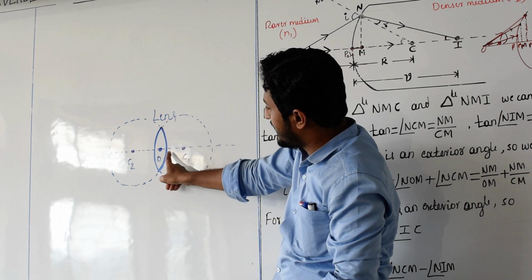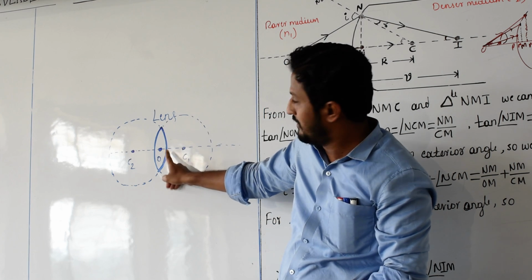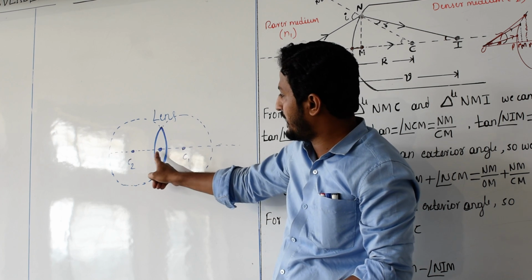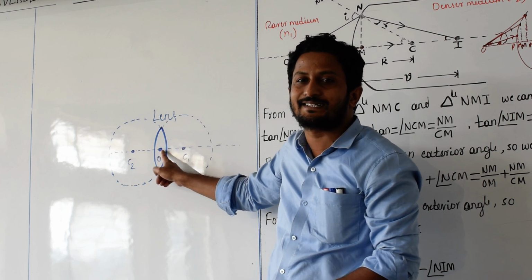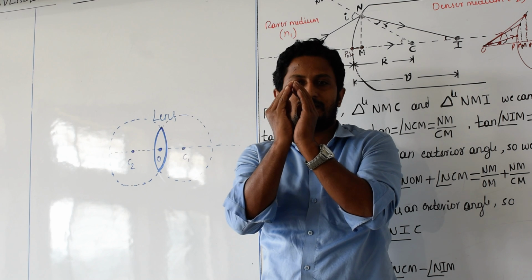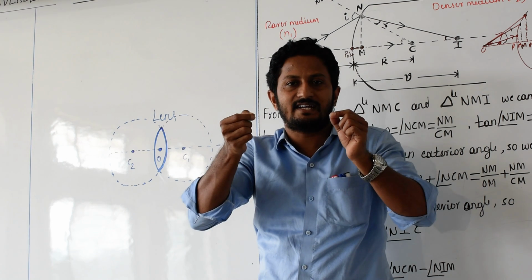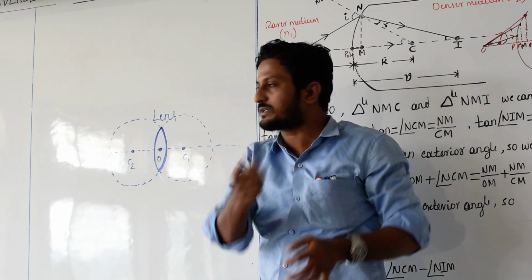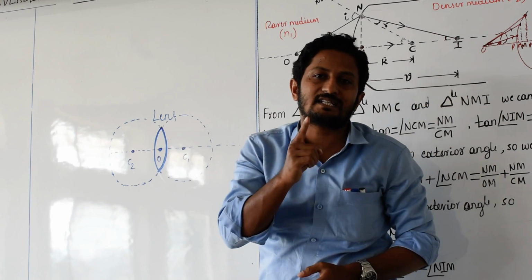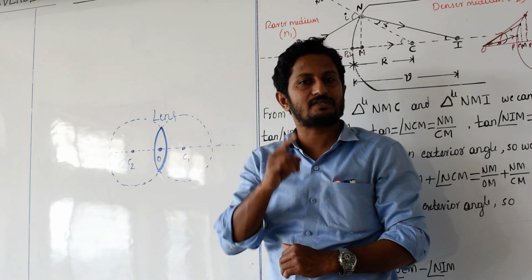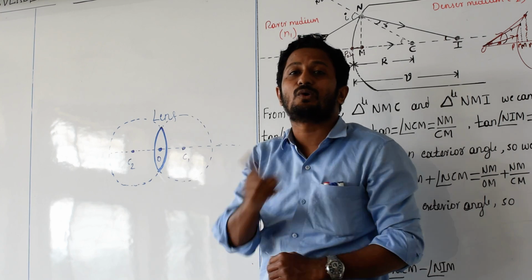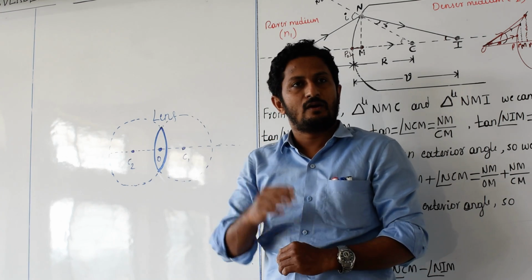At the edge it is thin, but at the middle it is thick like this. If a lens is thick at the middle and thin at the edge, it is called a convex lens. This one is a convex lens.